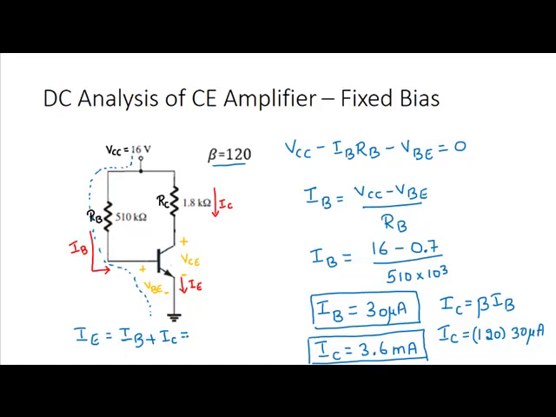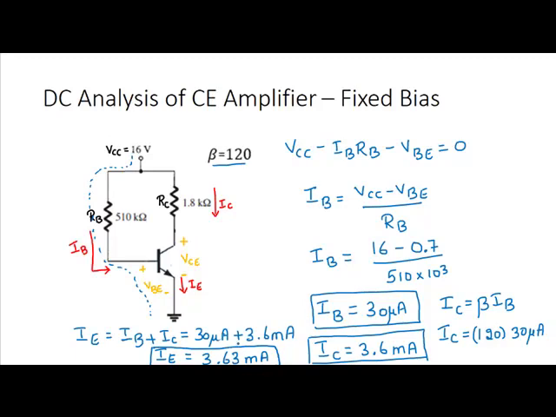But if I substitute base current value as 30 microampere and collector current value as 3.6 milliampere, that is 30 microampere plus 3.6 milliampere, I'll get the value of emitter current IE as 3.63 milliampere, which is very close to 3.6 milliampere collector current, because base current is just 30 microampere. So I calculated all three currents.